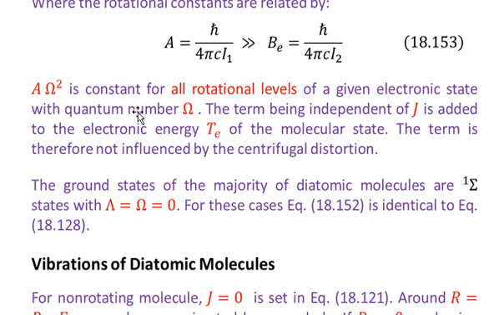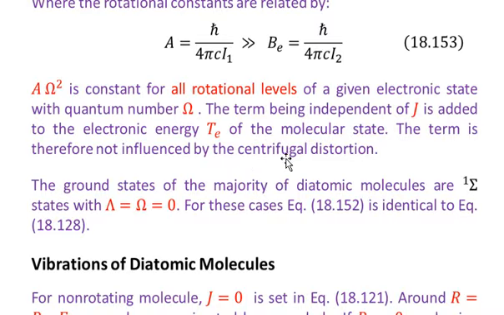A omega square is constant for all rotational levels of a given electronic state with quantum number omega. The term being independent of J, that is this term A omega square being independent of J, is added to the electronic energy Te of the molecular state. And you know that Te is the electronic energy of the molecular state. The term is therefore not influenced by the centrifugal distortion.